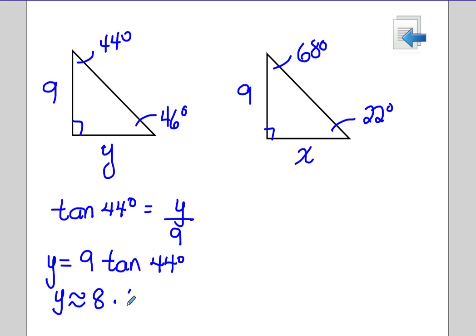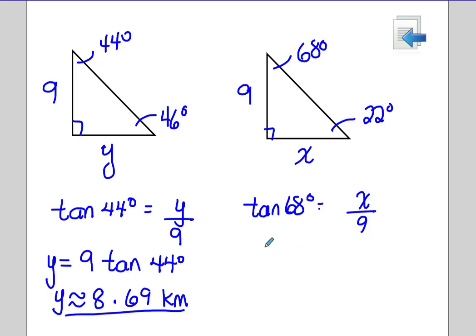If you calculate that with me, I get 8.69 kilometers for that distance Y. And then this one the same way, if we use the 68 degrees, opposite is in the numerator and adjacent is in the denominator. So tangent of 68 degrees is X over 9. So X is 9 tangent 68 degrees.